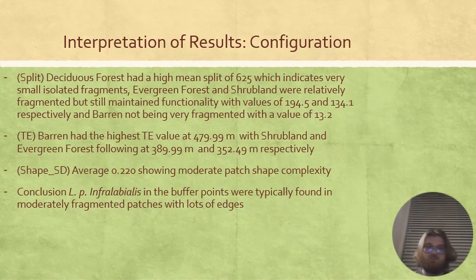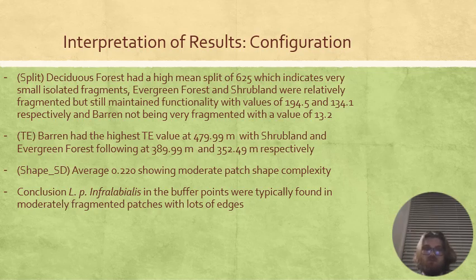Interpreting the results of configuration. Using split, deciduous forest had a high mean split of 625, which indicates very small isolated fragments. However, evergreen forest and shrubland were relatively fragmented, but still maintained functionality with values of 194.5 and 134.1 respectively.